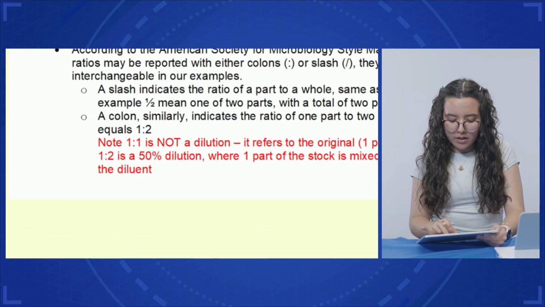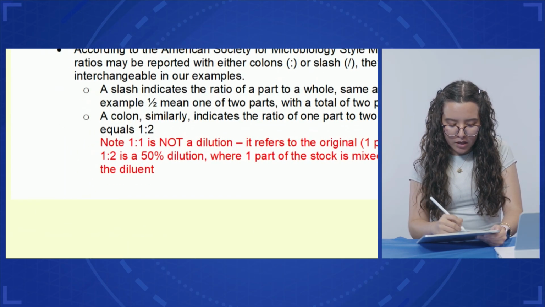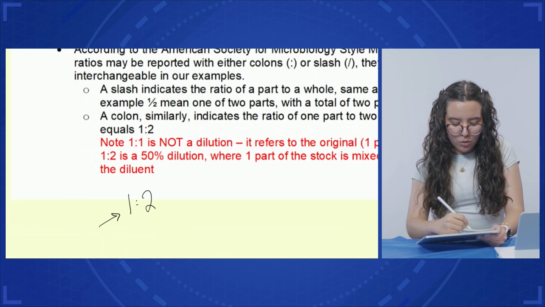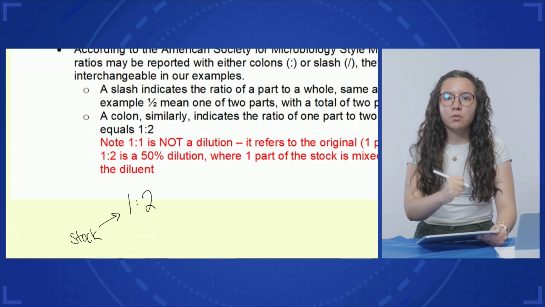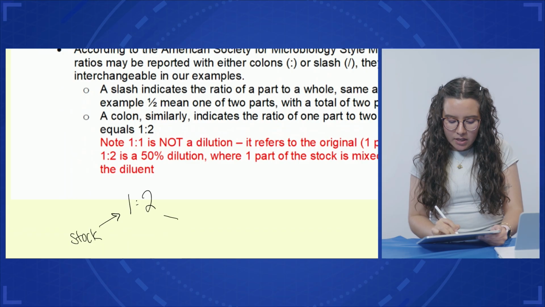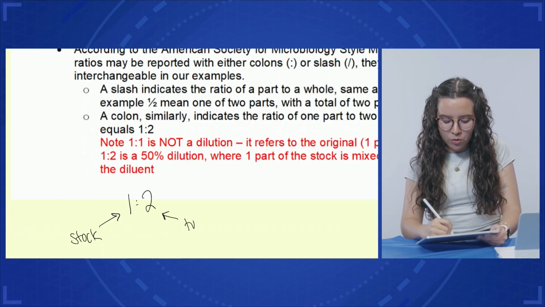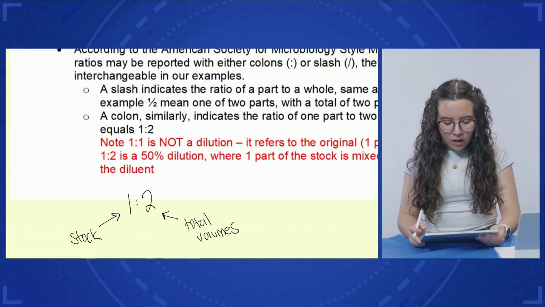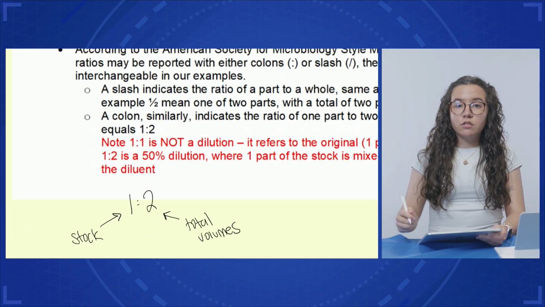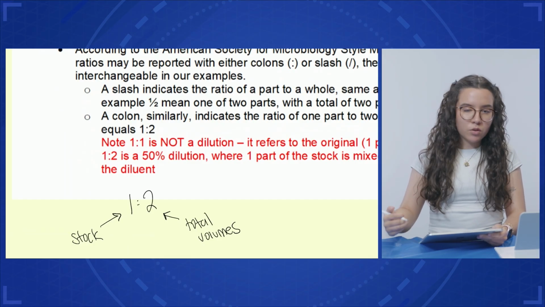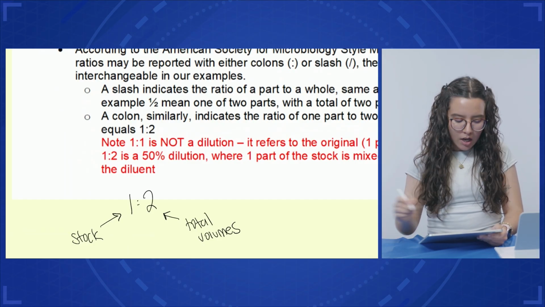A way to think about this is, if we're doing a 1-to-2 dilution, this first number is whatever the stock solution is, or whatever your main sample is that you want to dilute. And the second number is your total volumes. So let's say you have a sodium chloride stock solution that's 1 molar, and you want to make it into 0.5 molar.